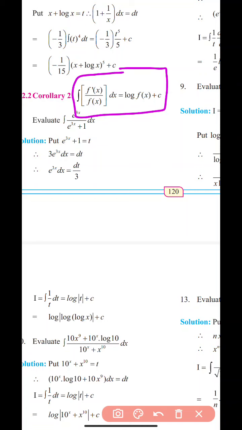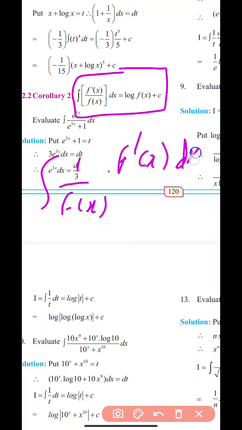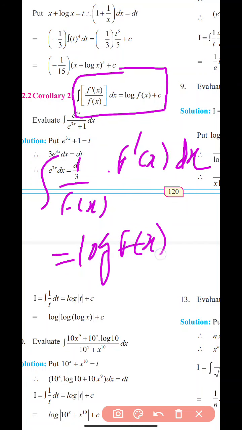Let me simplify this formula first. So it should be integration of 1 divided by f of x into f dash of x dx is equal to log of f of x plus c.